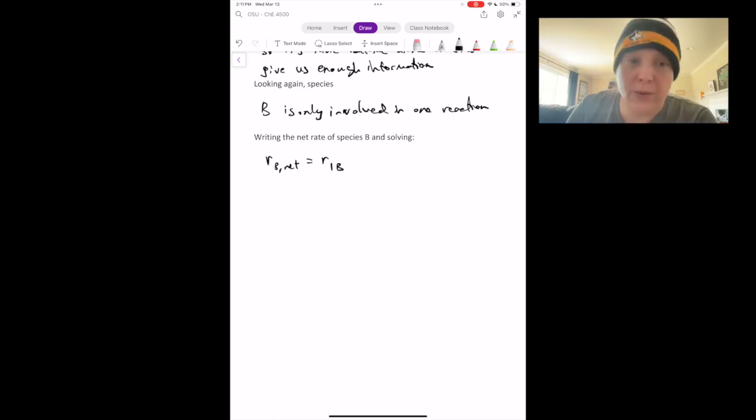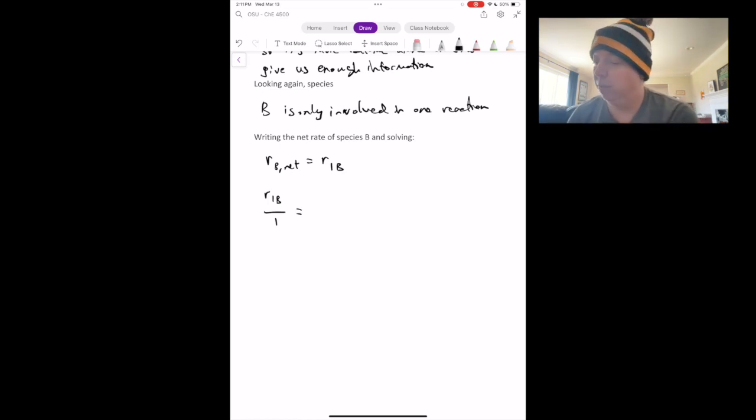If you recall, you can write the rate of any species divided by its stoichiometric coefficient equal to the rate of another species divided by its stoichiometric coefficient, where stoichiometric coefficients for products are positive and for reactants are negative.